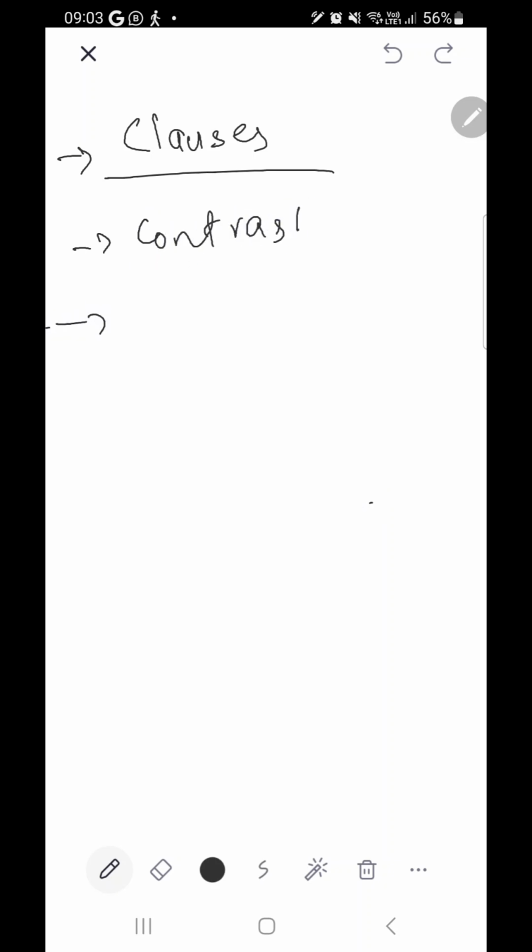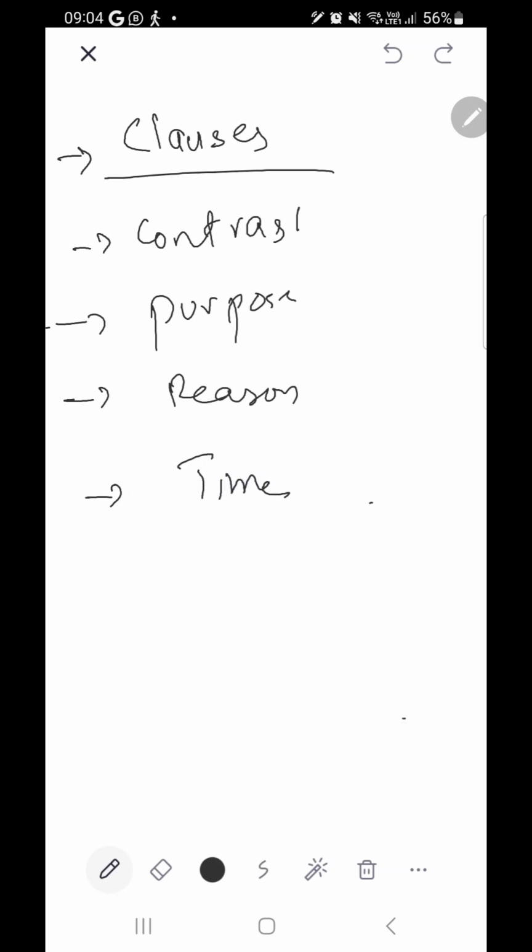Now we have another thing, the clauses. We have contrast clause, purpose clause, reason clause, and time clause. So we'll discuss them.